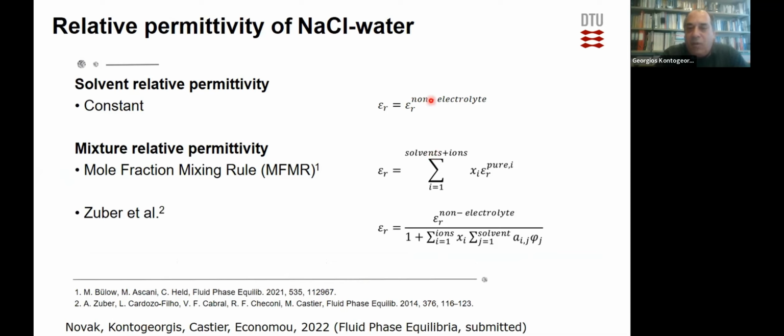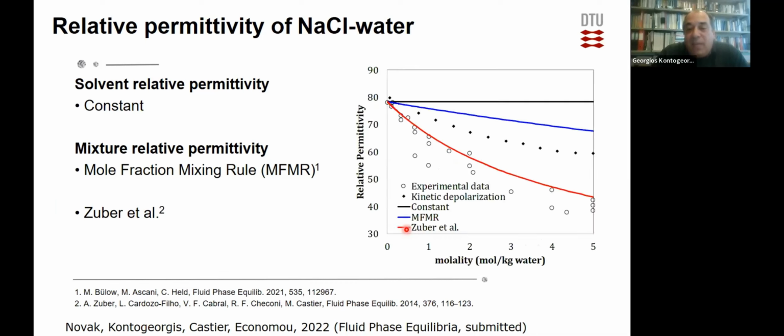So in addition to the constant, which means no Born term, we looked at the mole fraction mixing rule, which Christoph Held has used, and we looked also at the expression of Zuber et al., because this last expression is an example of an expression that represents the relative permittivity very accurately. While the mole fraction mixing rule shows a decreasing trend, but it does not represent the relative permittivity very accurately.